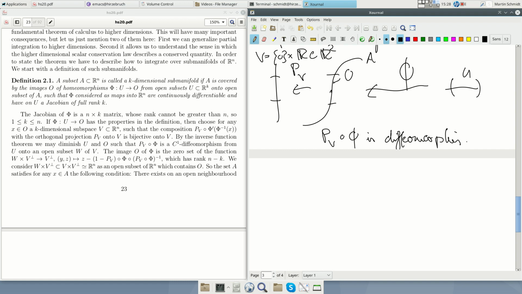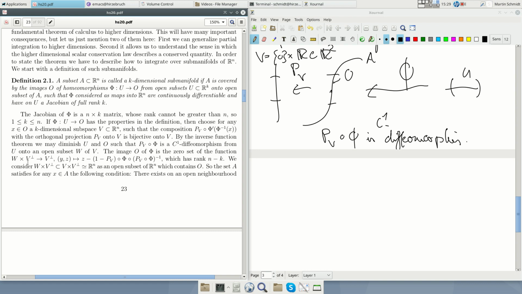Diffeomorphism means homeomorphism, so a continuous bijective map such that the inverse is also continuous. And diffeomorphism means a homeomorphism which, in our situation, we say C1 diffeomorphism, which is one time differentiable such that the inverse is also one time differentiable.